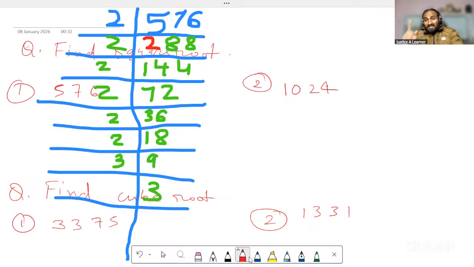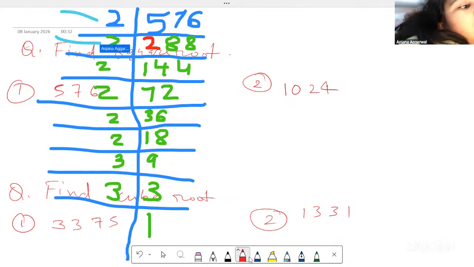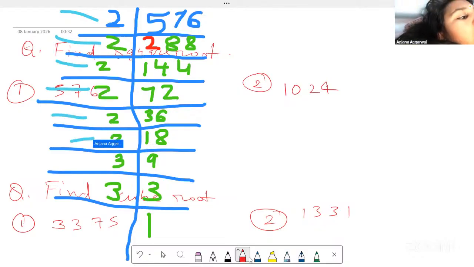Now 3 is left, so that must also be divided. Yeah, you could. Okay. What do I do? Oh, wait. 1, 2, 3, 4, 5, 6, 7, 8. 1, 2, 1, 2. Wait.